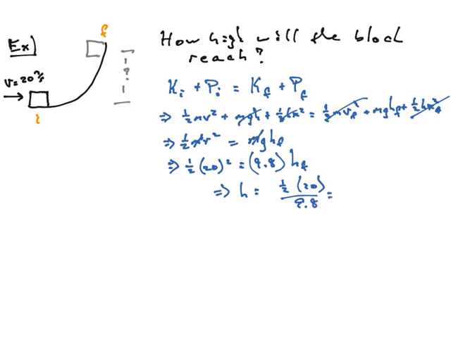So get out your calculator. 10 over 9.8 gives me 1.02. I'm sorry. Notice I forgot something. Notice I forgot this is 20 squared. So 20 squared divided by 2 over 9.8 gives me 20.4 meters.